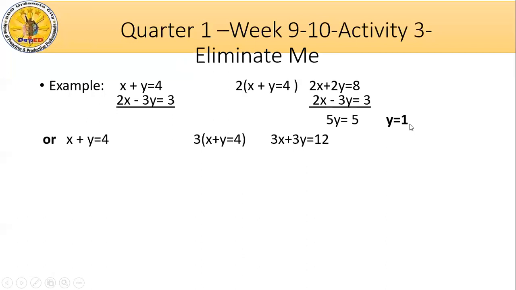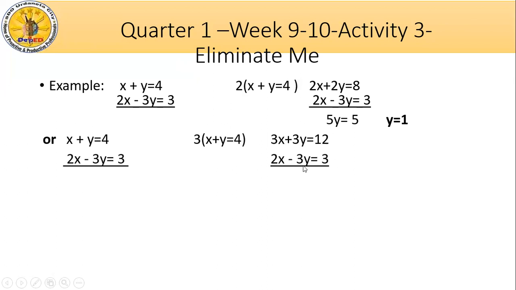To eliminate y and find the value of x, you look at y. The numerical coefficient of y on the second equation is negative 3. So you are going to multiply the first equation by 3. So 3 times x is 3x, 3 times y is 3y, 3 times 4 is 12.